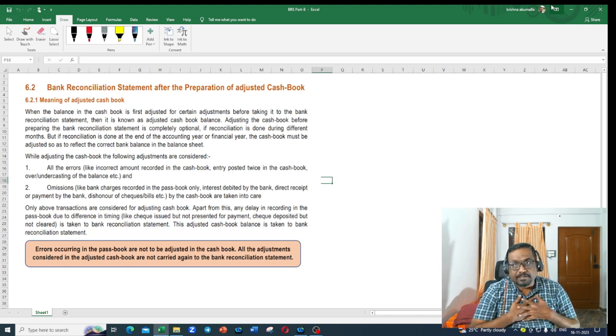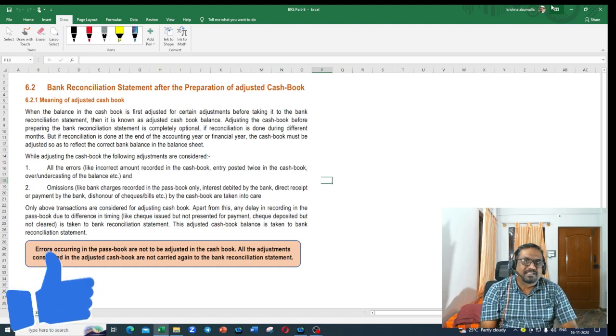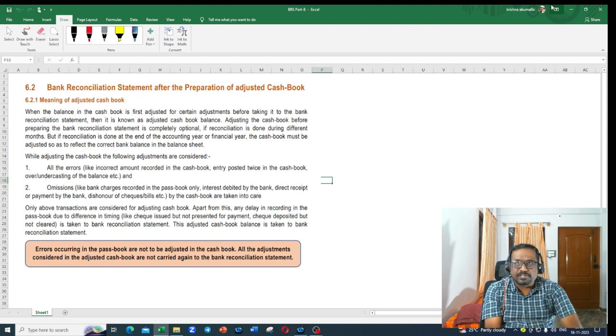So I can rectify them myself. I know how to rectify, and even if I don't know, I have to ask somebody's help and rectify. You agree? Nobody else is going to come and rectify your mistakes, so it is your responsibility to rectify them in our cash book.